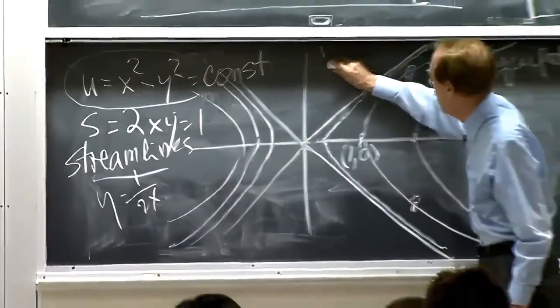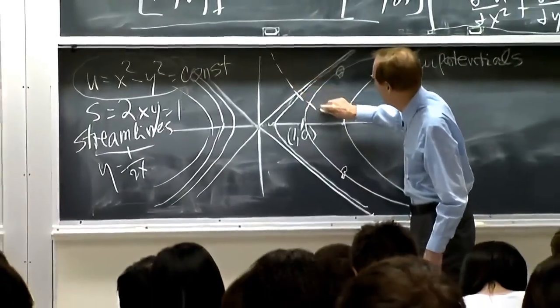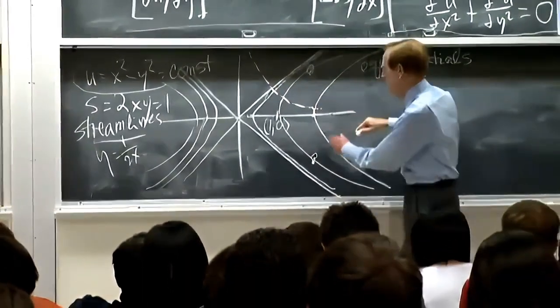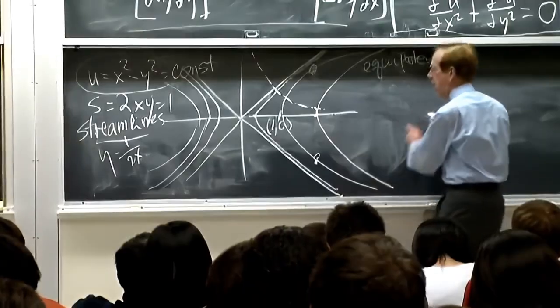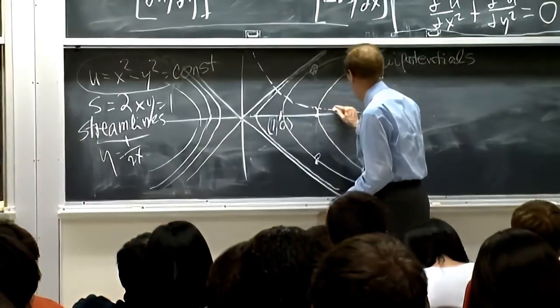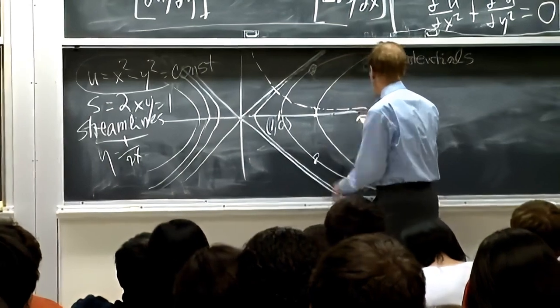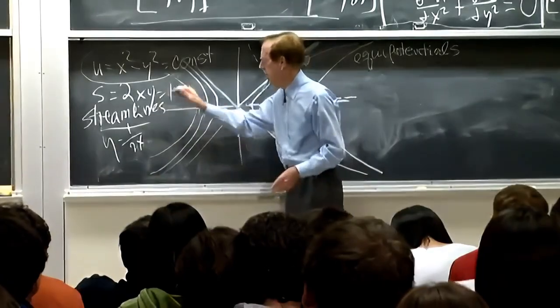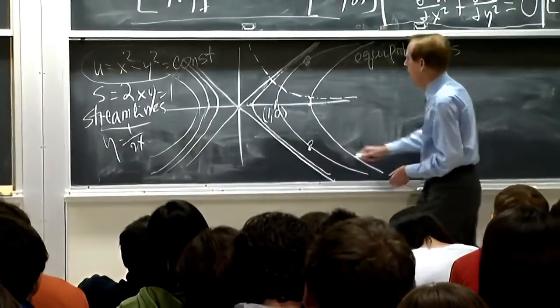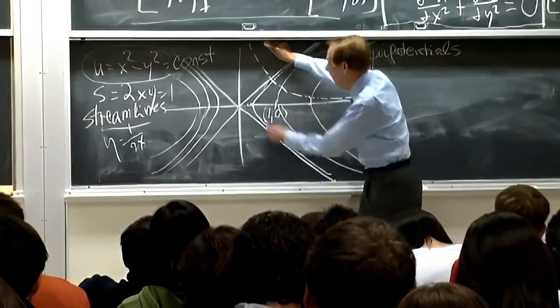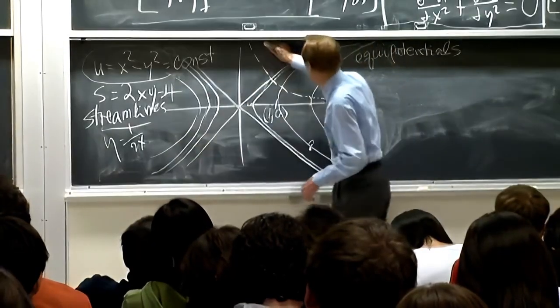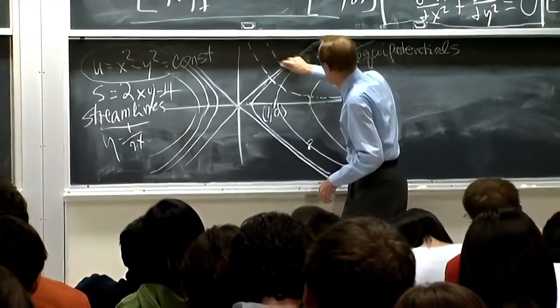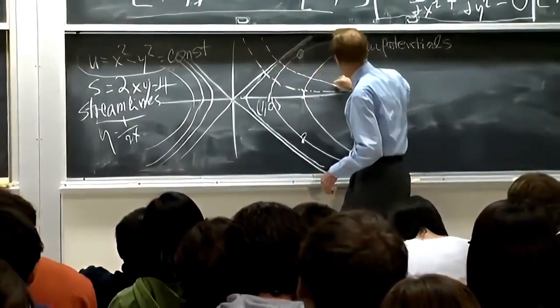Let me try to draw it. I'll use dashed lines. Of course, as x gets bigger, y gets smaller, but y never makes it to 0, because if y was 0, no x would work. But if I change that 1 to a 4, I've got a bigger one coming out here.